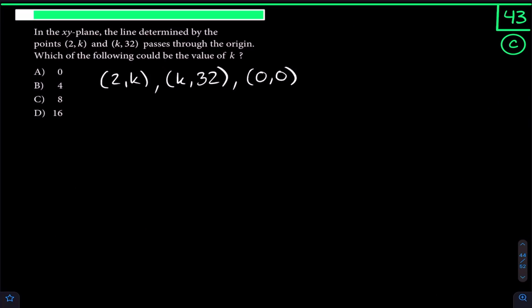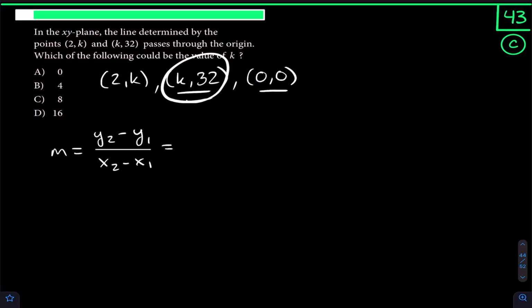So let's start off finding these slopes here. I'm going to start off by finding the slope between these 2 points. Remember, just in case this wasn't clear, the slope is y2 minus y1 over x2 minus x1. That's how you find the slope between 2 points on a line. And if we're using these 2 points, and I'm going to call this one the second point, so it goes first here, I'll have 32, and the x-coordinate would be k.